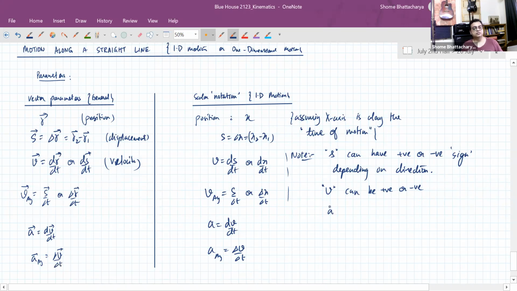Similarly, acceleration can also be positive or negative depending on the sign.